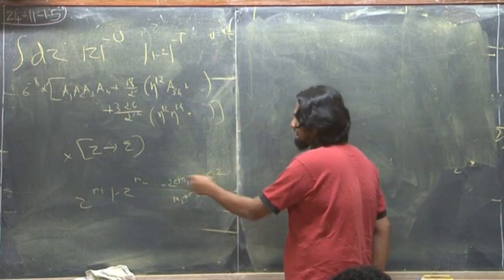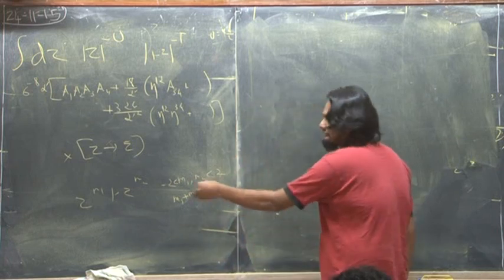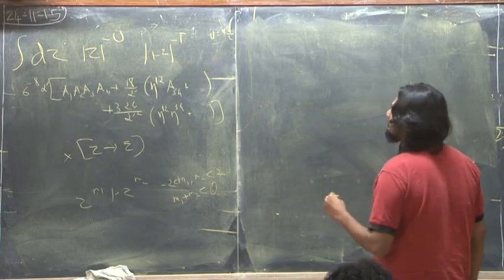This minus 2 just came from the fact that we never had anything with 1 minus z and z sitting around, and this came from some power counting that we did.